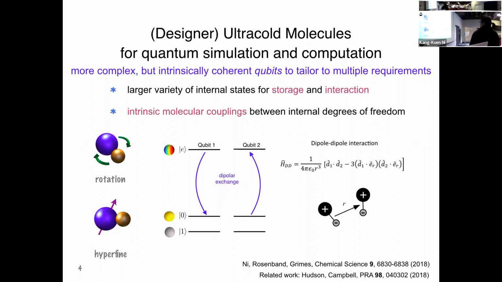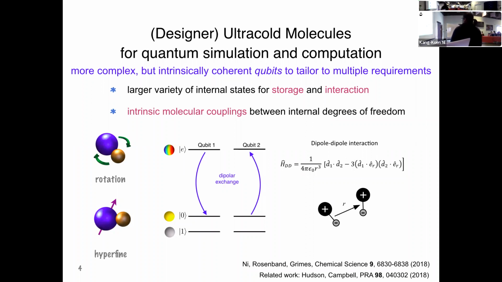We could realize them in different degrees of freedom. For example, nuclear spins are very good, robust qubits, not very sensitive to the environment. But we want them to interact, and the interaction will come in the form of dipole-dipole interaction through resonant dipolar exchange. I'll elaborate on that a little more.